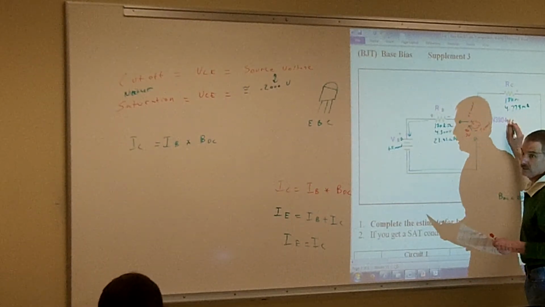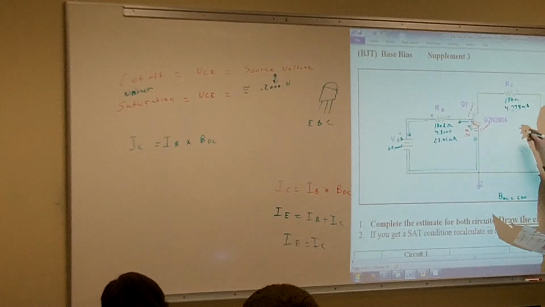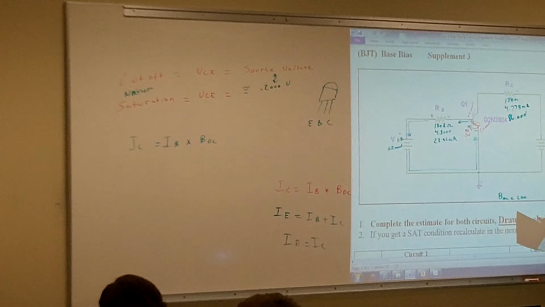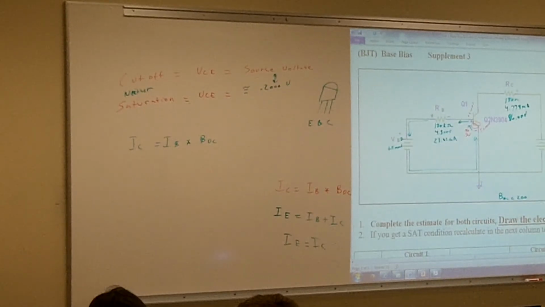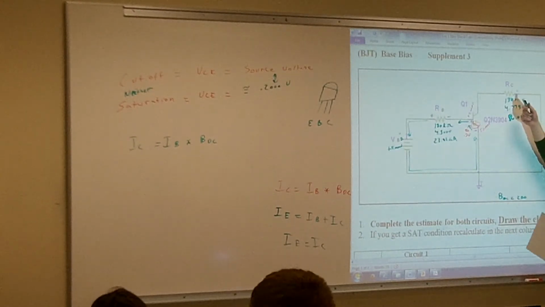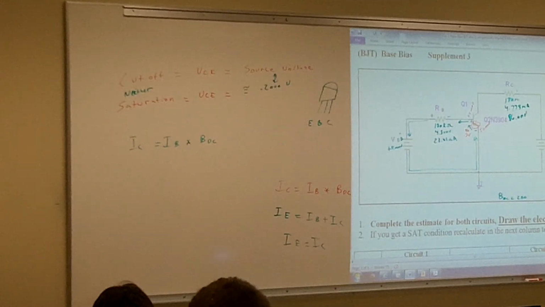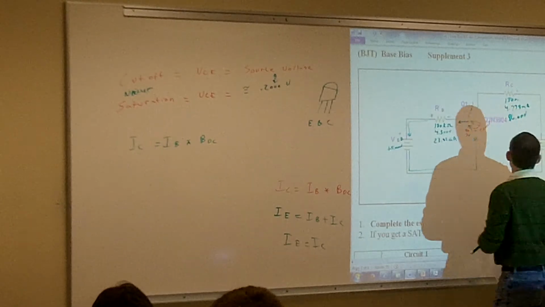Okay, so what did you get? 86.0 volts. Is that possible? No, not possible, because we only have a 15 volt source. We know that RC cannot drop 86 volts. We don't even have a source that's that big on our circuit.